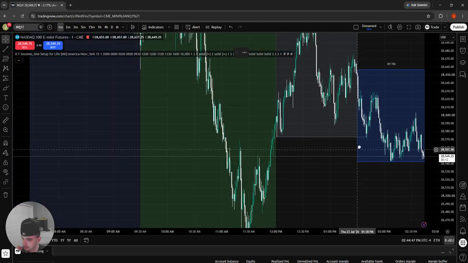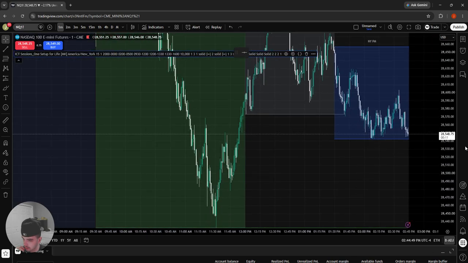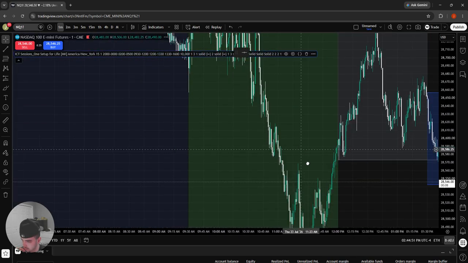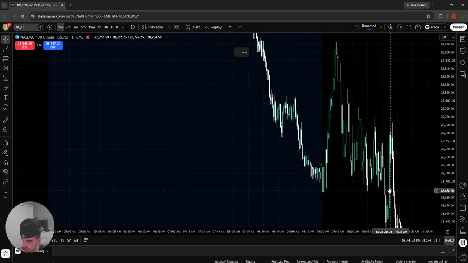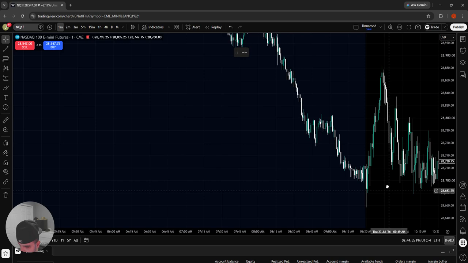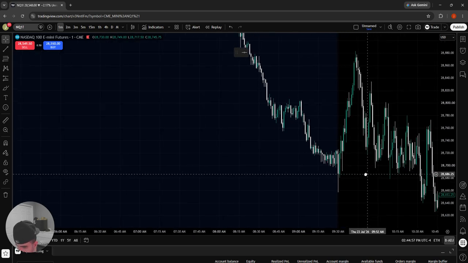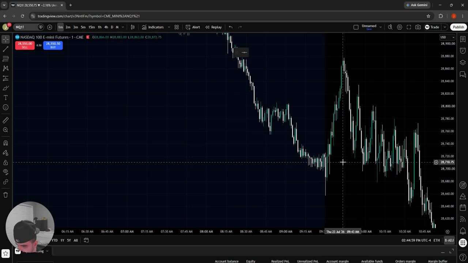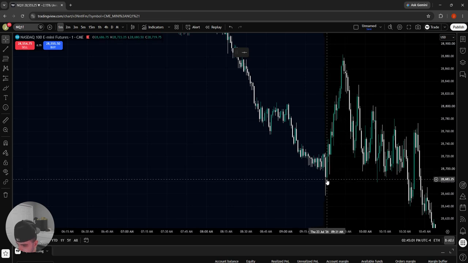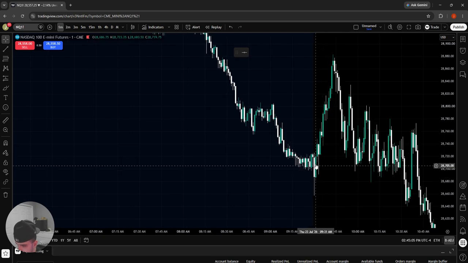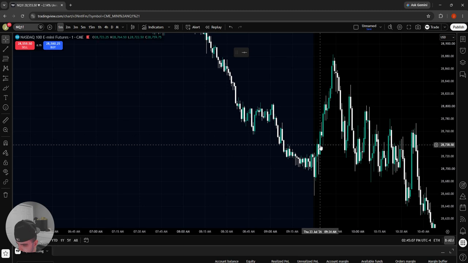Alright, so we can go into the different types of candlesticks or candles. So let's go into market open. Big, fast opening candles are called displacement candles.